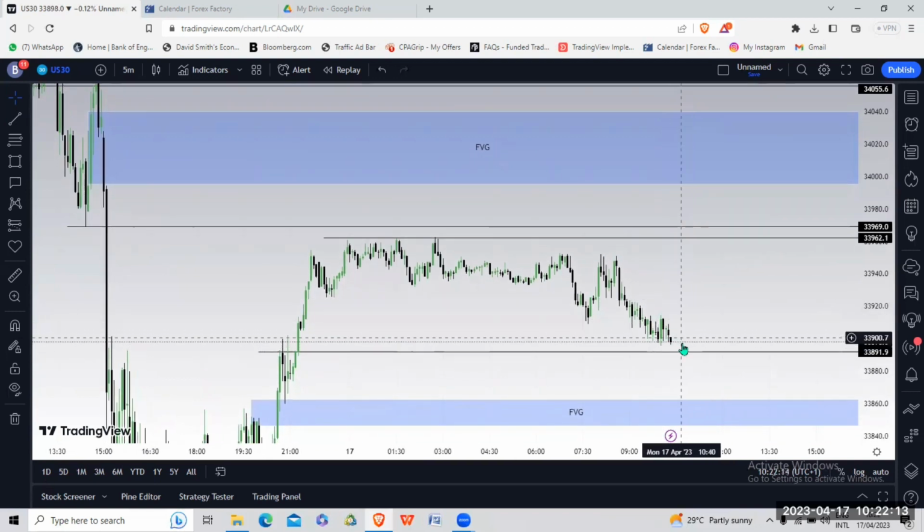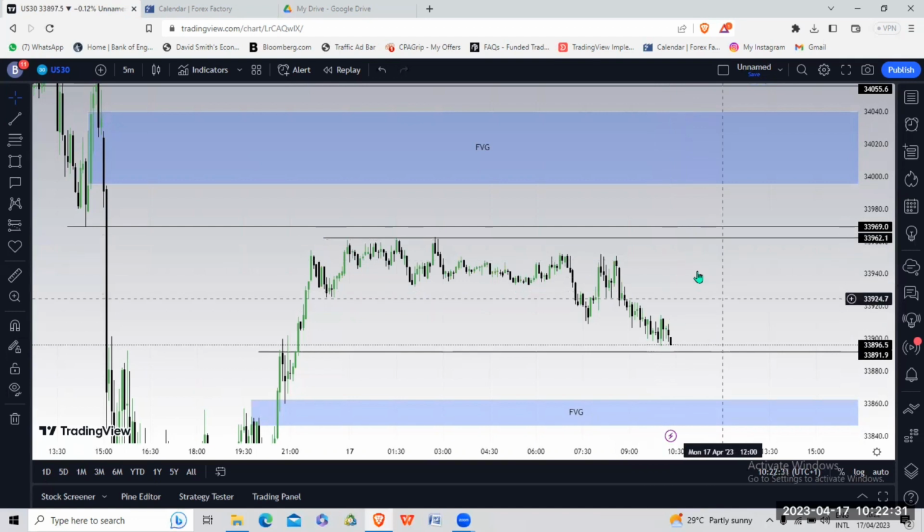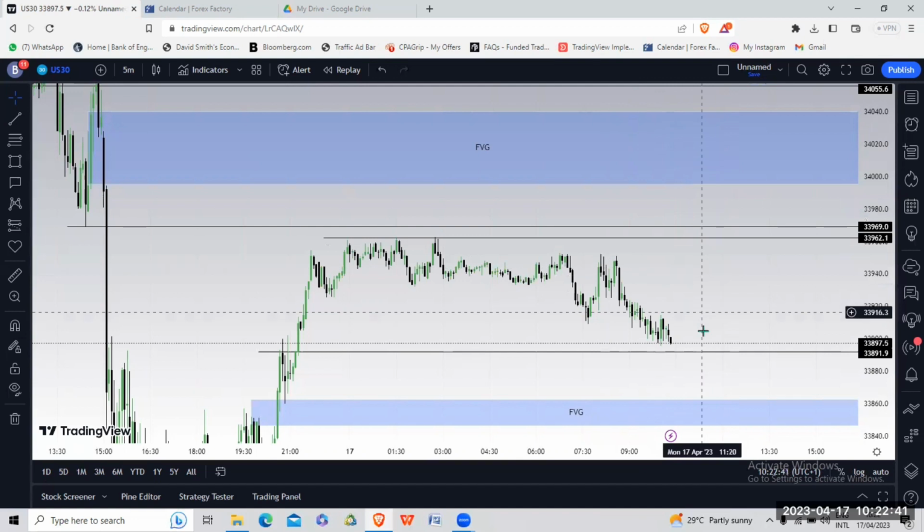Price may not give any nice price action around here, may not give us any good price action around here. So what you do is, if you don't see any good price action, you wait until probably during the New York session we might get a good price action to either sell or buy. I really don't know, but since the DXY is mostly bullish, we're seeing that this will be mostly bearish.